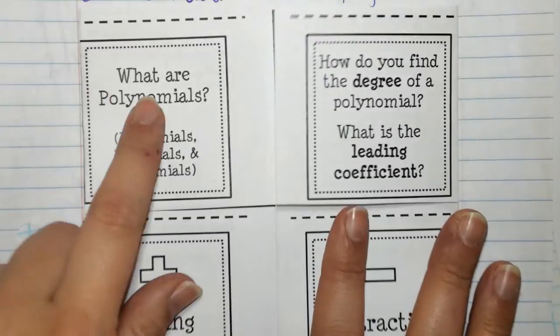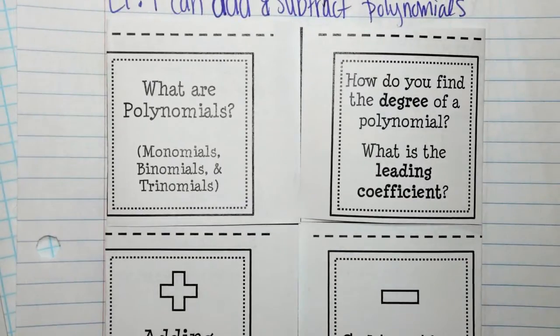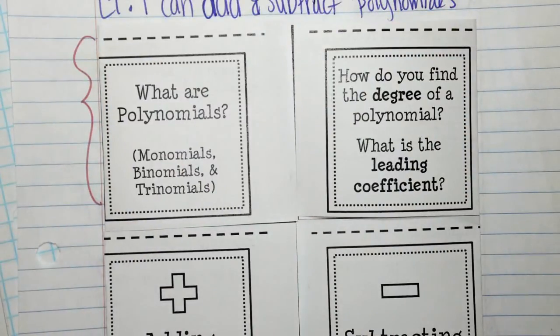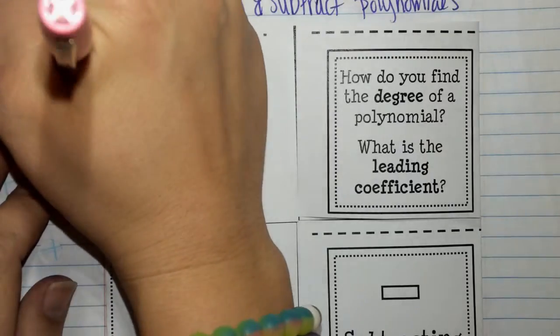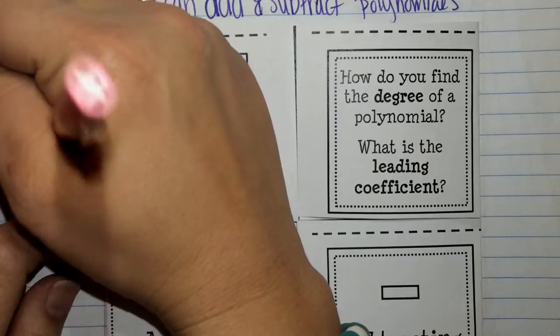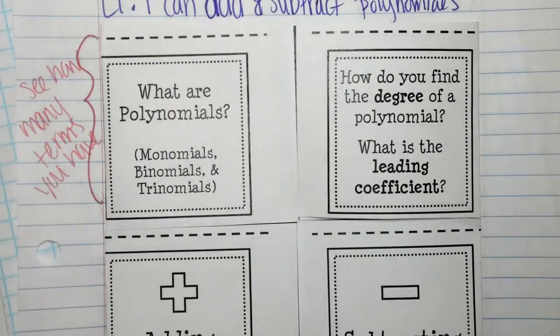Alright, so we're going to start with our first flappy. What are polynomials? And beside it, write a squiggy. Now, when you are determining what kind of polynomial it is, you have to see how many terms you have. And what did we say terms are separated by?